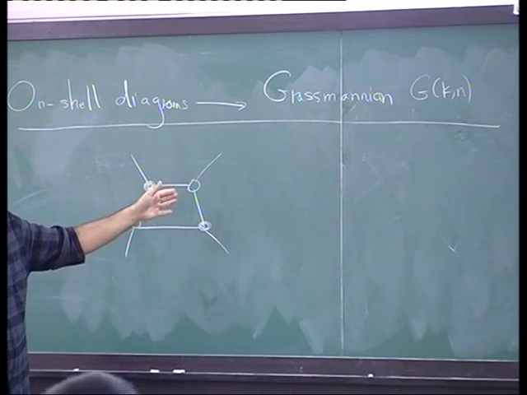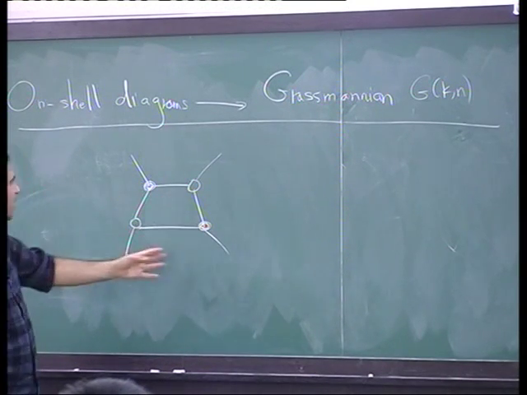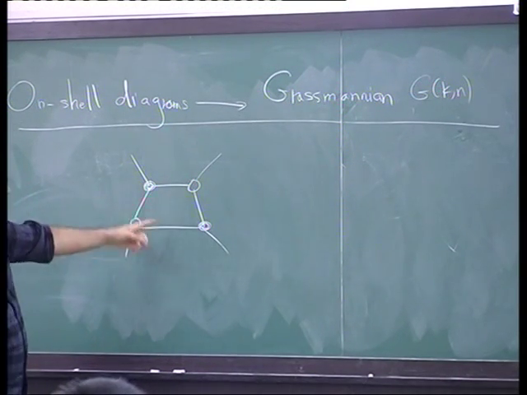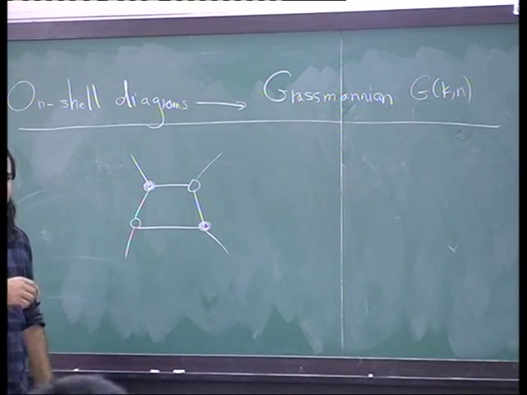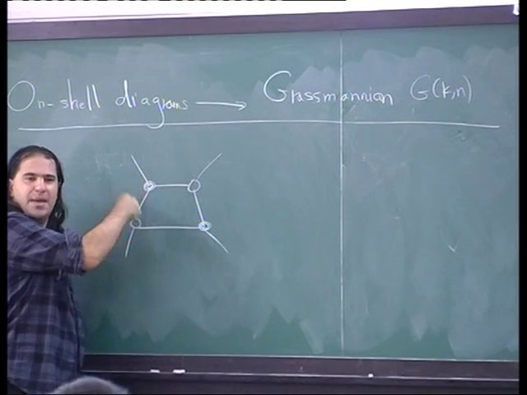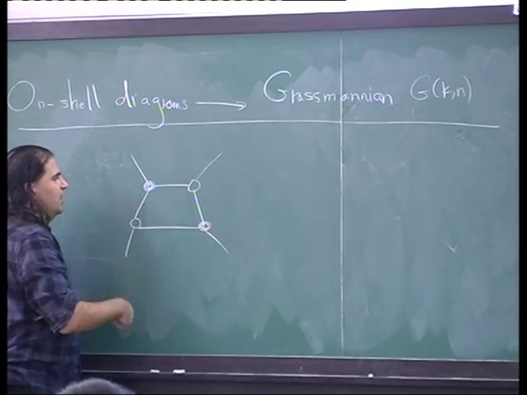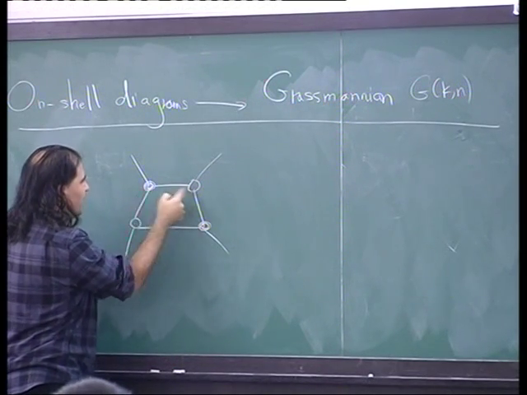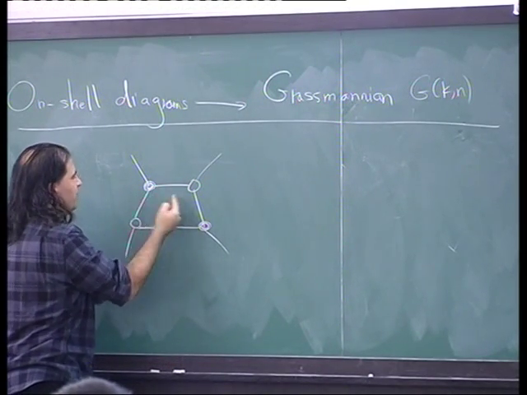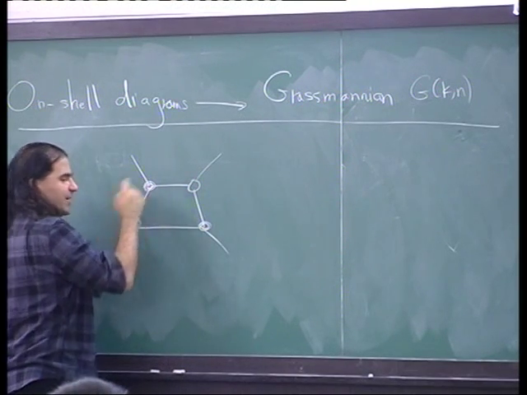Okay? So what's the hard part of doing this calculation? After all, everything looks simple. If we're thinking about these in the usual way, not using lambdas and lambda tildes, what would we do? We'd just say there are delta functions for momentum conservation here that fix this momentum to be that.